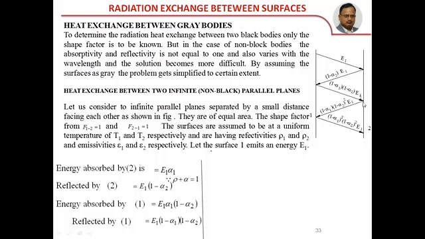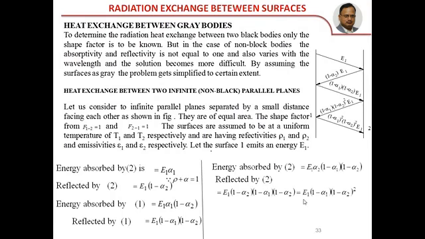The reflectivity of this body is again rho 2, so it reflects rho times the energy falling on it, that is E1 into 1 minus alpha 1 into 1 minus alpha 2 into rho 2, and that rho 2 is equal to 1 minus alpha 2, so it becomes 1 minus alpha 2 square. So the amount of energy reflected by the body 2 in the second collision is E1 into 1 minus alpha 1 into 1 minus alpha 2 square.